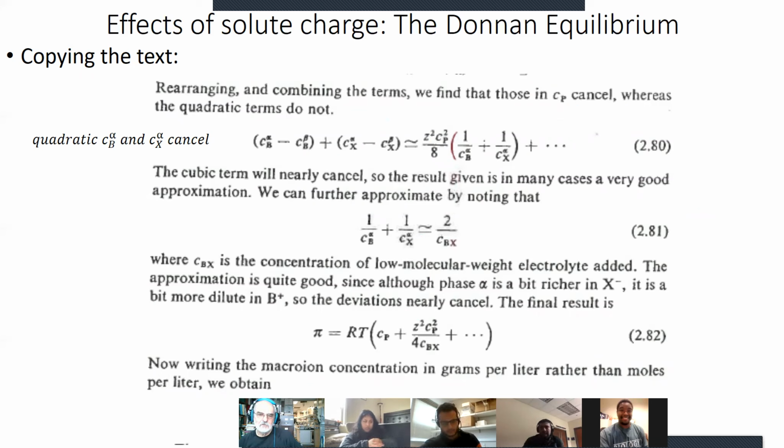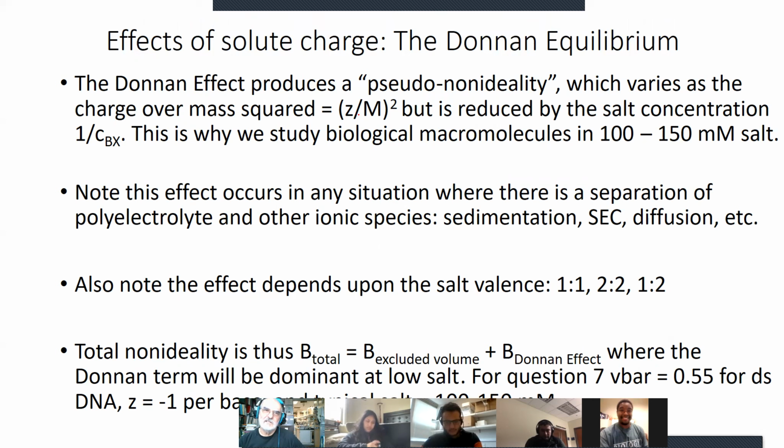This is not a traditional virial coefficient in the way we would derive B, but it is in fact a B because it's the charge effect. It will go away if Z is 0. It will go away or be reduced by raising the salt concentration. Again, this is why we do experiments in higher salt concentrations.